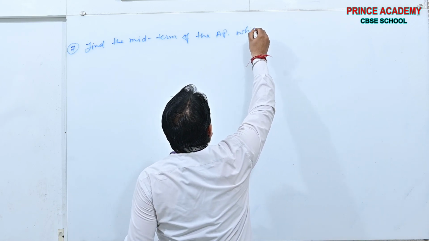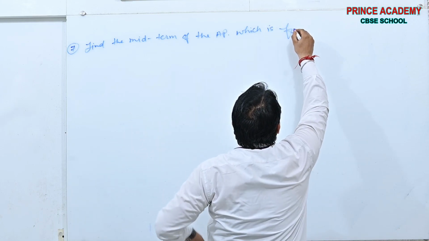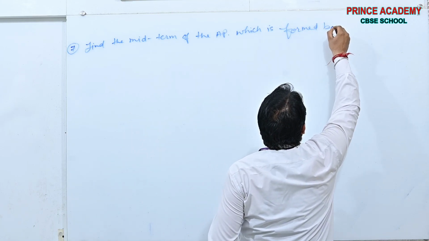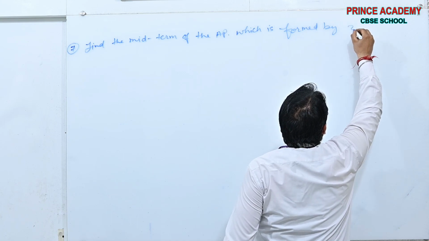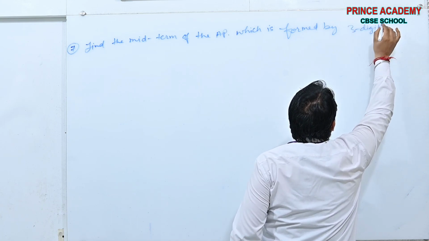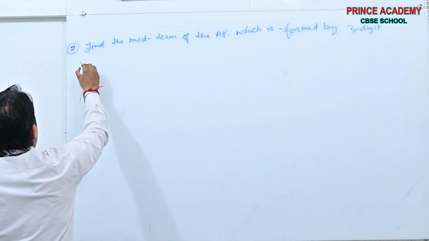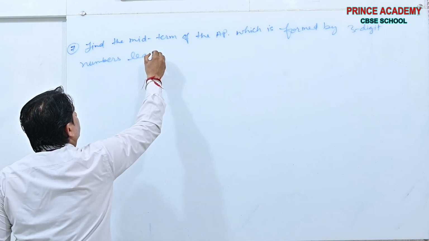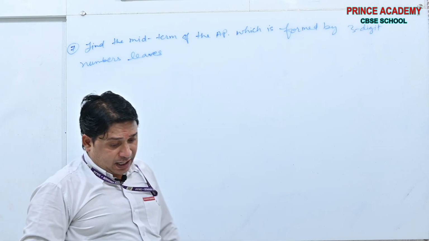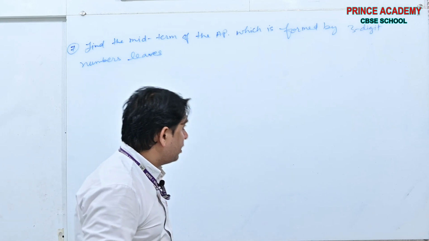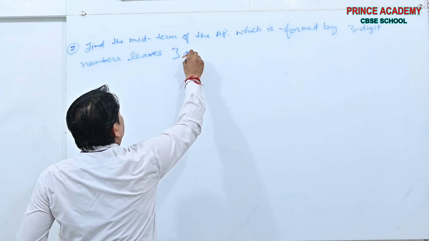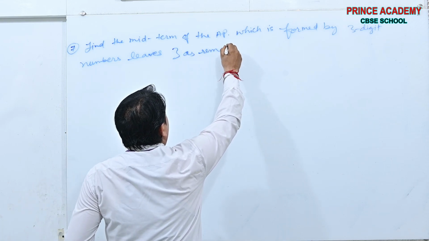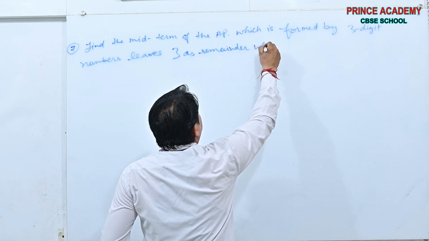Find the middle term of the AP which is formed by 3-digit numbers that leave 3 as remainder when divided by 4.